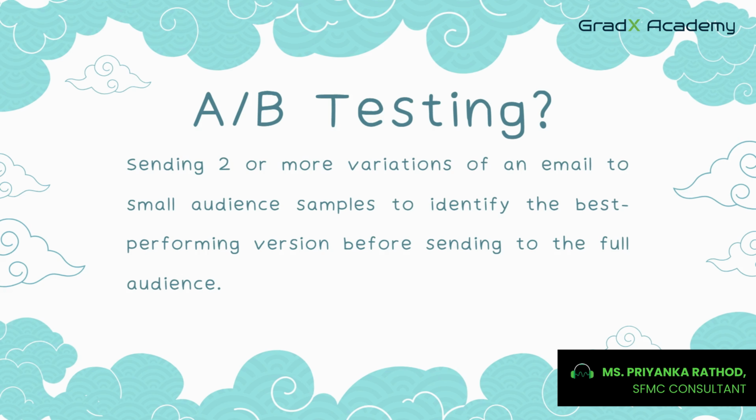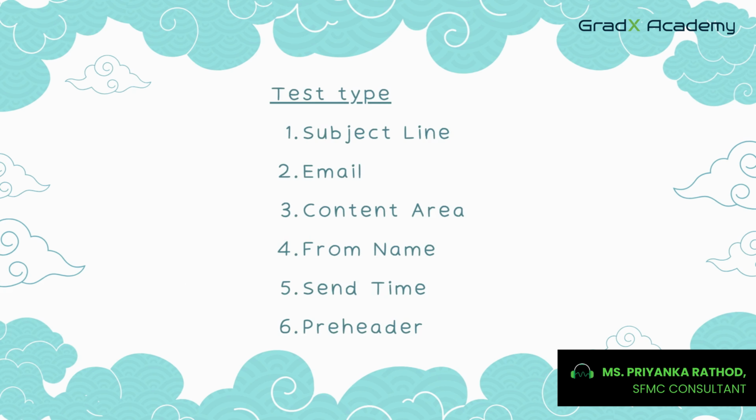Now which types can we select for A/B testing? We can select based on subject line. We can have email content, two different email contents. If we want to test which one is best, then we can choose the email.